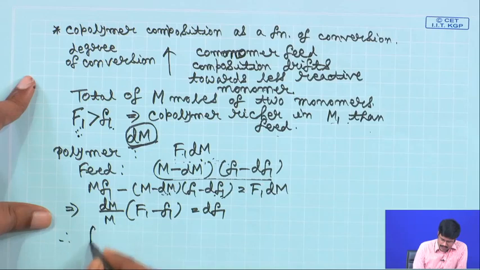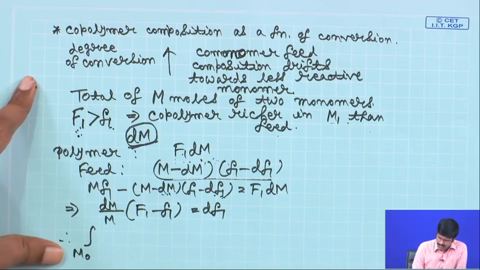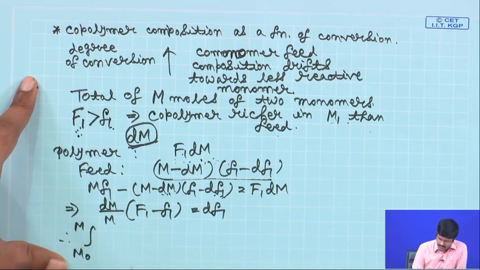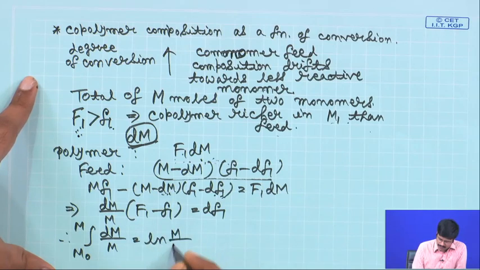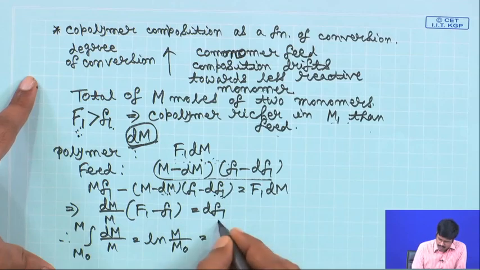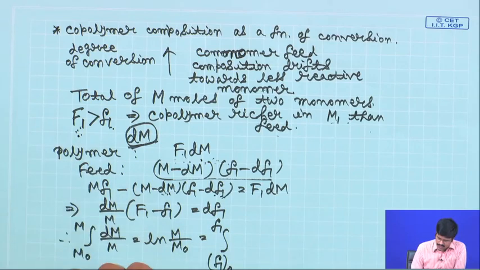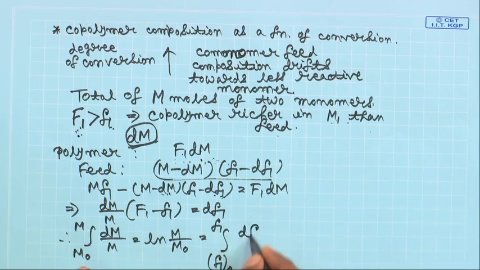Now, if you integrate from the initial value m0 to the final value m, this is the number of moles, not the concentration. So, dm by m will be equal to ln m by m0, that will be equal to the integral from small f1 0, the initial value of f1, to the final value of f1, of df1 divided by capital F1 minus small f1.